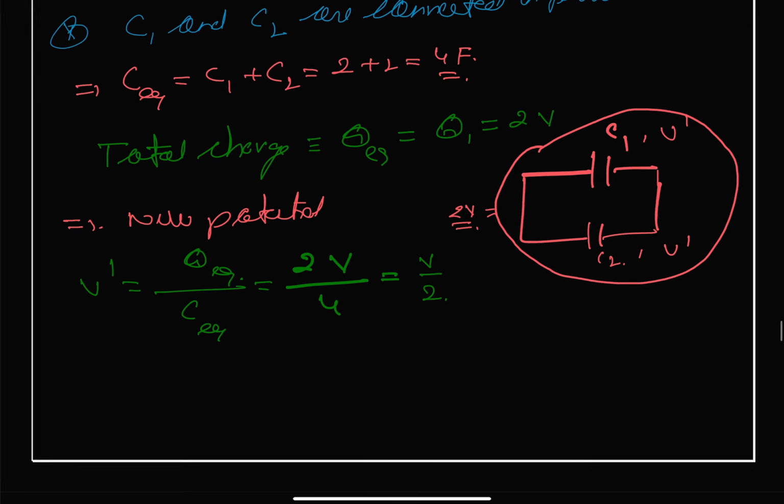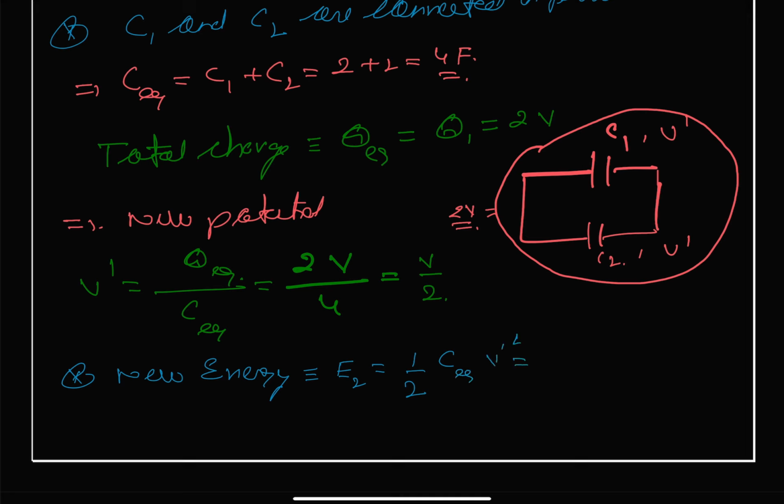Now we can find out the new energy. New energy, which is E2, will be equal to half C equivalent V prime square.